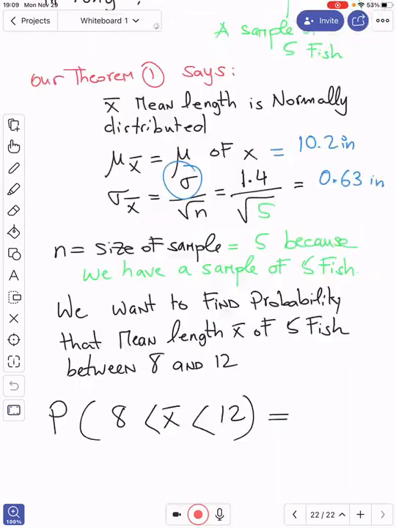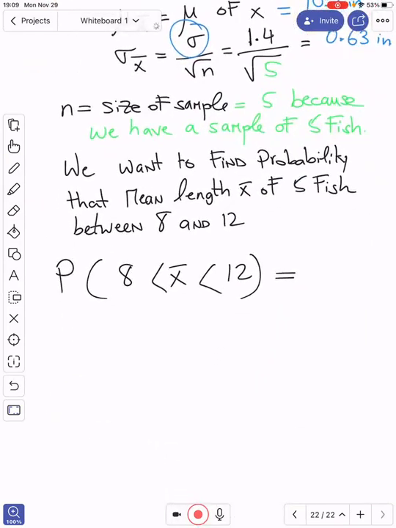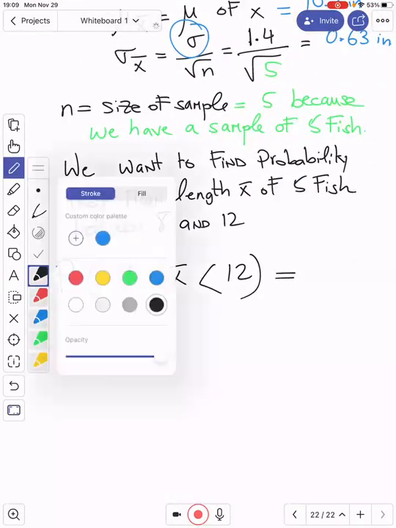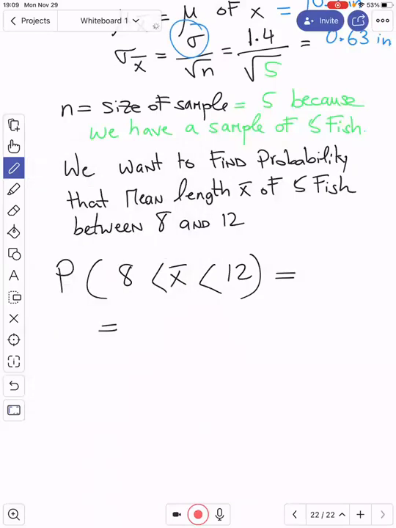Here, x bar also follows the normal distribution, so as a first step, I'm going to convert x bar to z.